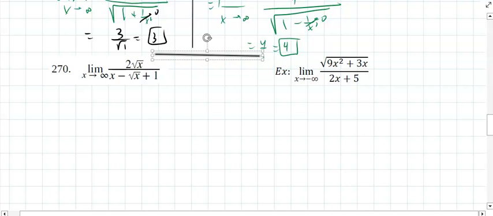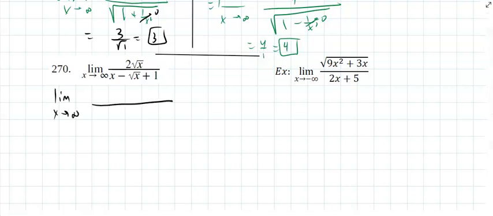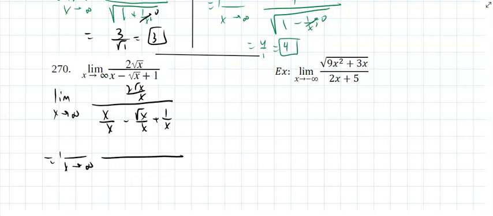Here, I'm going to take the limit as x approaches infinity. And I'm going to divide by the highest power term of the denominator, which is x. I'll get the limit as x approaches infinity. Again, that's a 1. Now, if you cancel those, this is 1, this is 1 half.